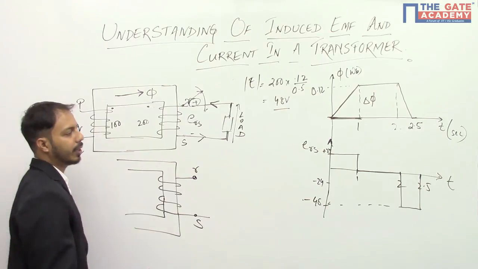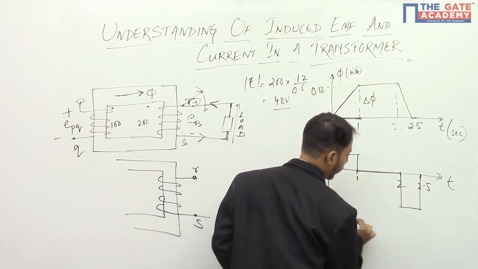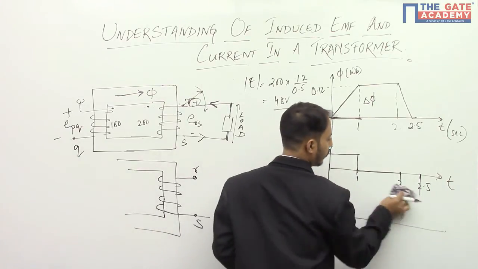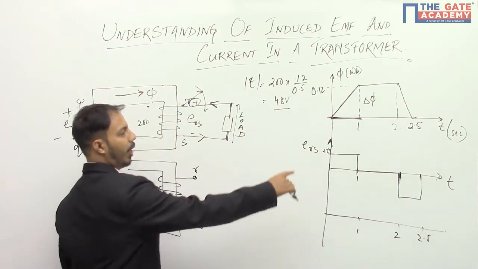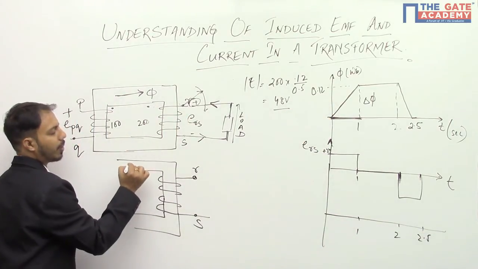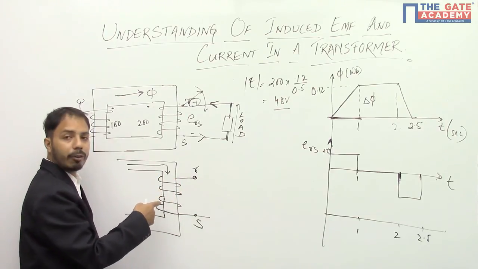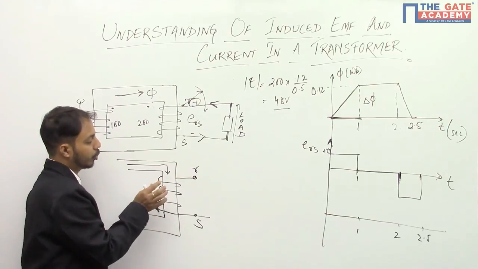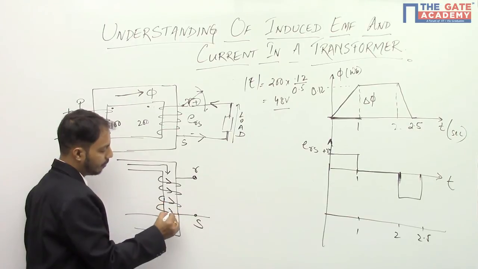So this is case 1 and this is case B. So this is very interesting. You see what will happen is, from 0 to 1, when the flux in the primary is in this direction and it is increasing, here the secondary will behave in such a way that it will have an opposing flux. So for creating a flux in the upward direction, current will be in this direction.